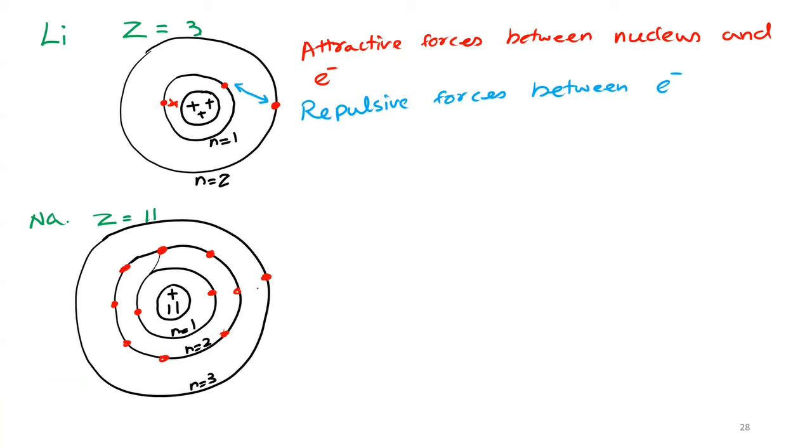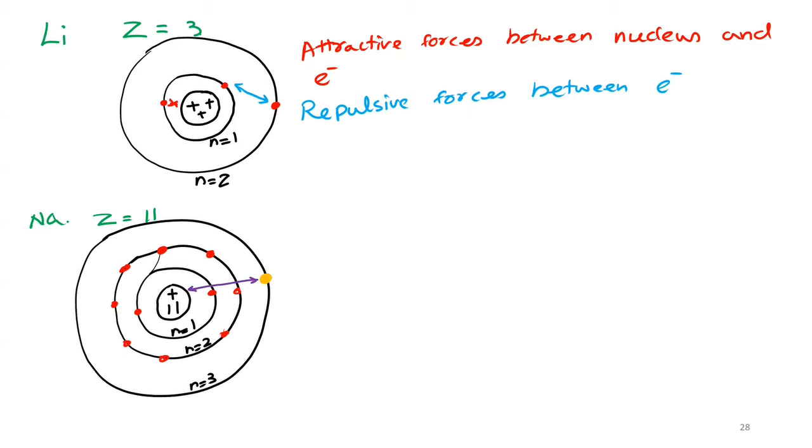Now think about the attraction between this last electron in n equals 3. What kind of a force will this electron feel between that electron and the nucleus?